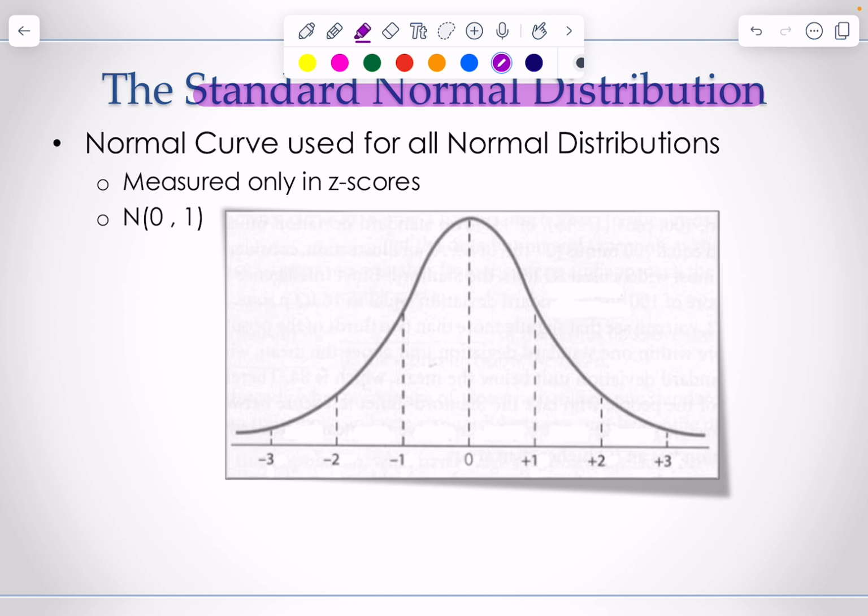When we talked about calculating z-scores a couple lessons ago, we talked about how we transform the data: we take the value minus the mean, divided by the standard deviation. And if we do that with each of our normal distributions, every unique normal distribution gets transformed into this specific distribution. By calculating those z-scores, that's the key here.